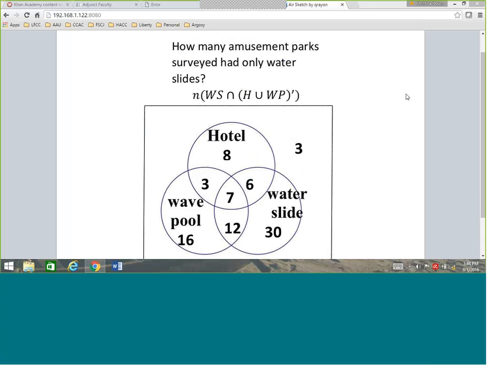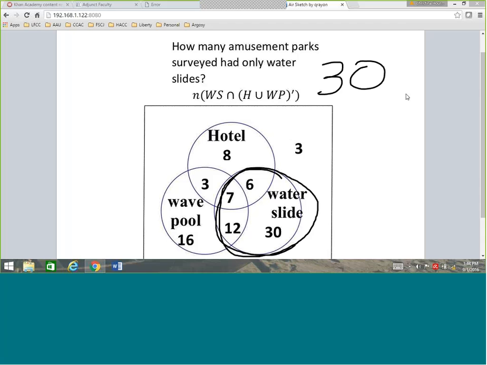In my cardinality notation, I use WS for water slide and WP for wave pool just to make things easier to work with. So I'm looking in the water slide circle, and I have to find the number that's in the water slide circle, but not hotel or wave pool. That would be 30.